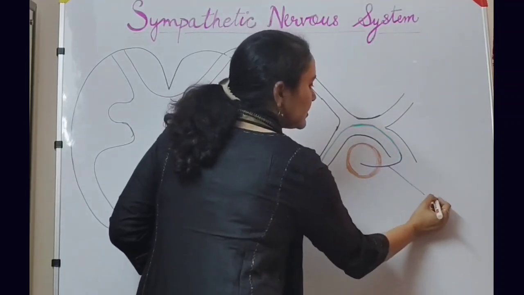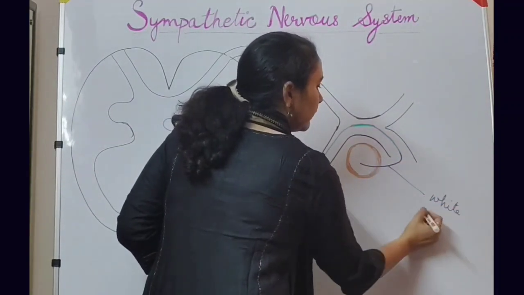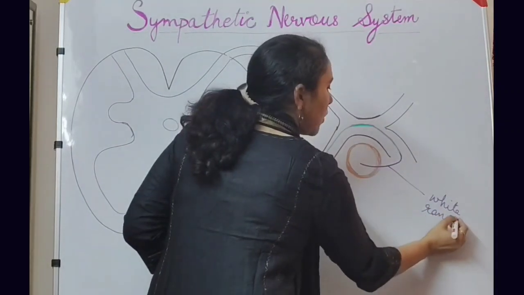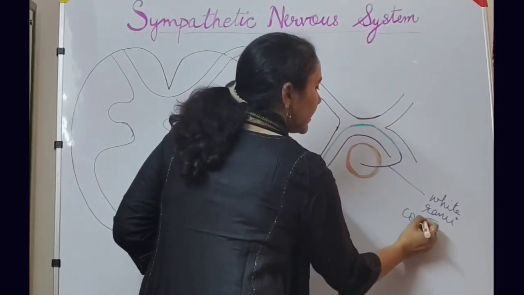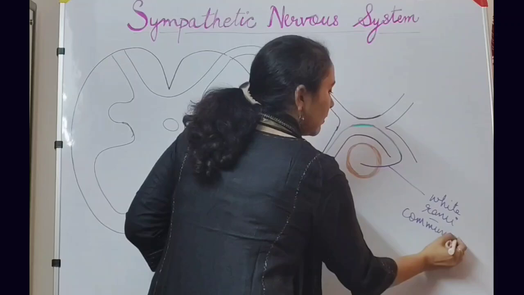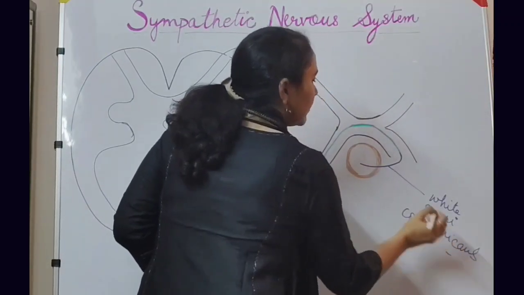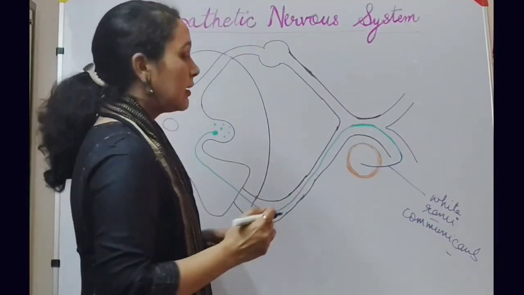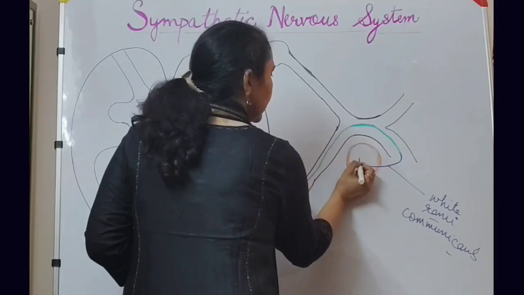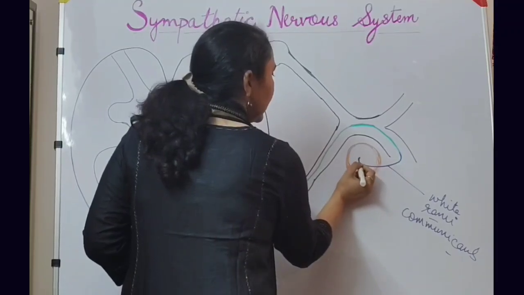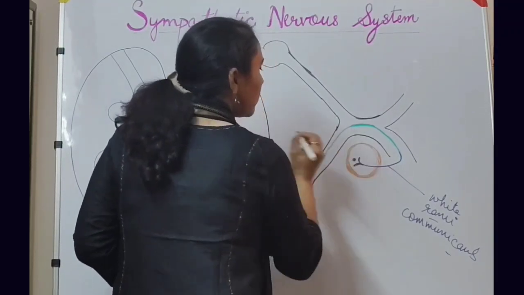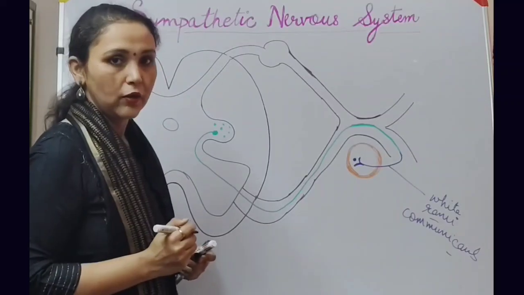So this is the white ramus communicans. We call it so because it is myelinated. Now this white ramus communicans will relay here. This is how we show a relay in a ganglion.